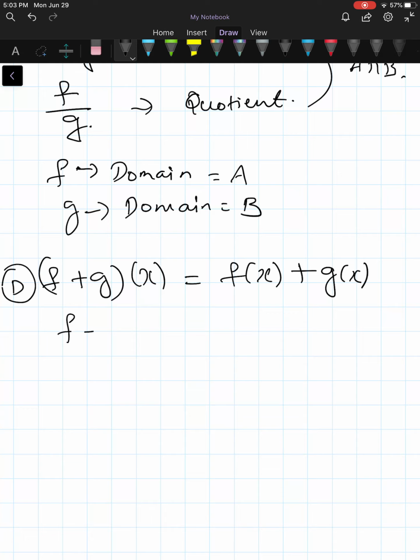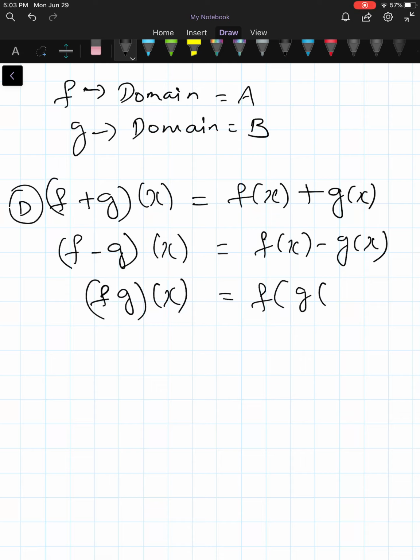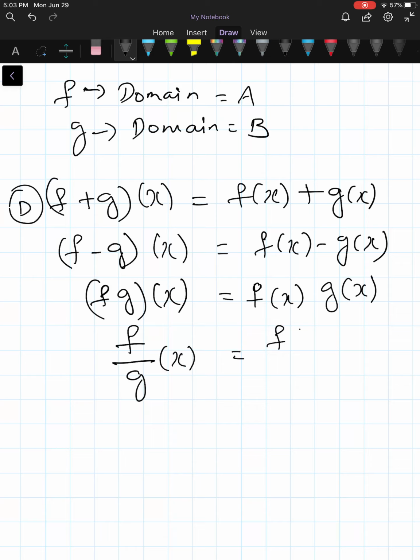The same thing you do with the difference, so f minus g of x is equal to f of x minus g of x. When it comes to the product, fg of x is equal to f of x times g of x. Then f divided by g of x is equal to f of x divided by g of x.